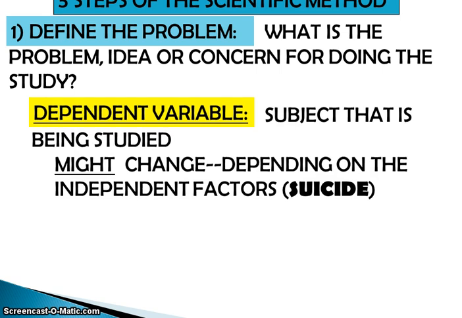Now, when you come up with your idea for your research, you need to come up with both a dependent variable and an independent variable or independent variables. The dependent variable is the subject that you are studying, okay? So if I want to study why so many students are getting D's and F's, that's my dependent variable.